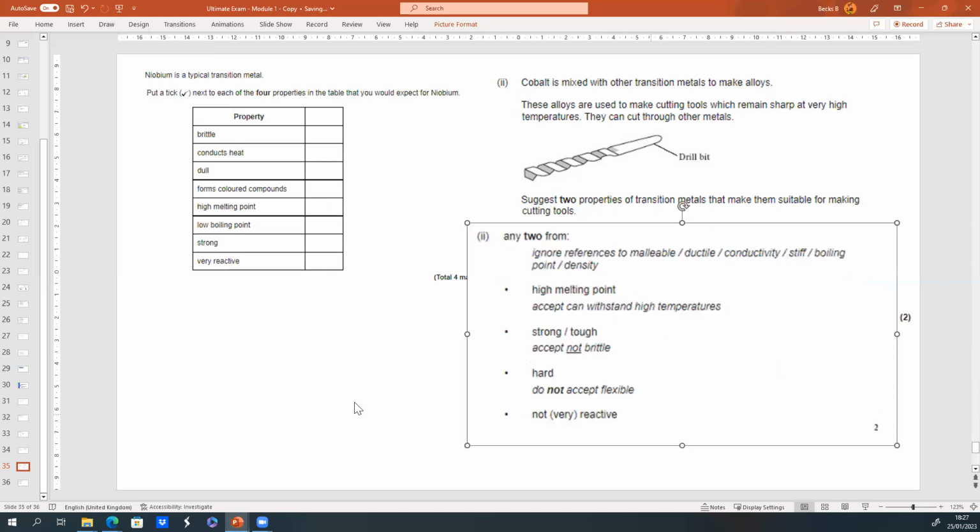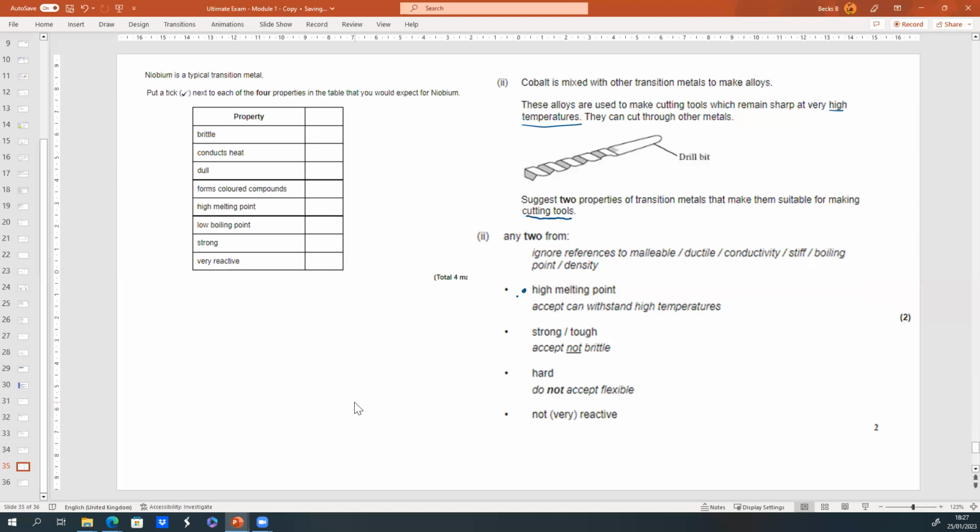So again, any 2 of these. If we want them to be useful as cutting tools, well, it's told us here that they remain sharp at high temperatures because we don't want them to melt and change shape because you could lose that sharpness. So we can have high melting point or withstand the high temperatures. We want them strong and tough. We don't want them brittle.